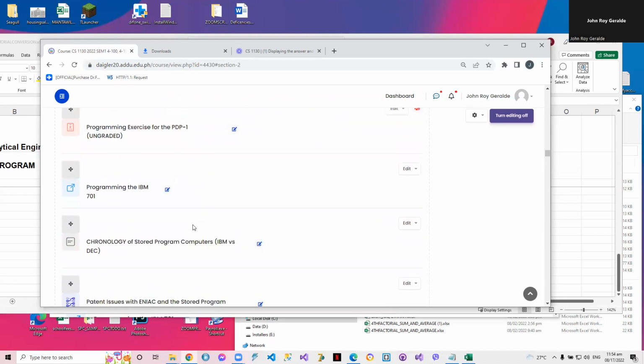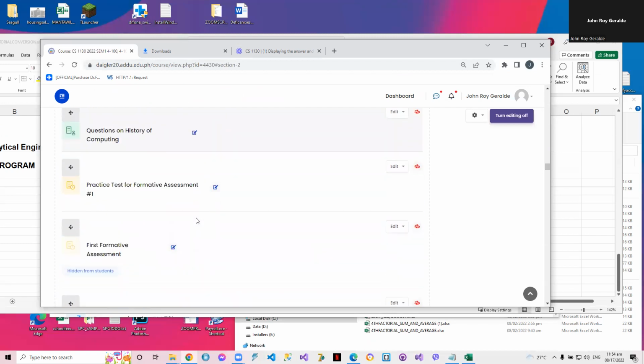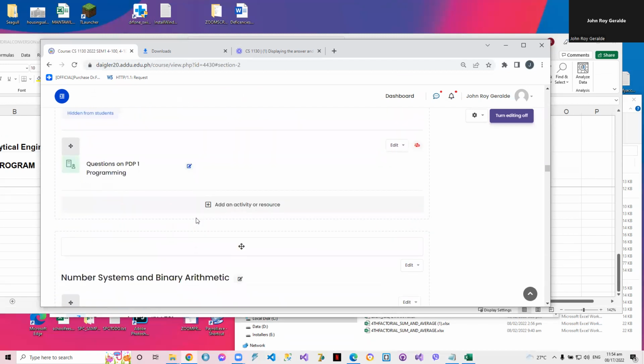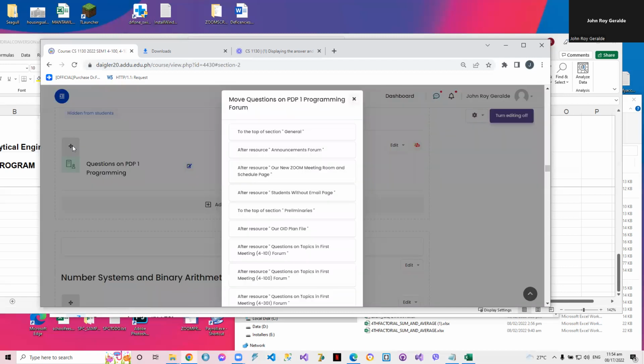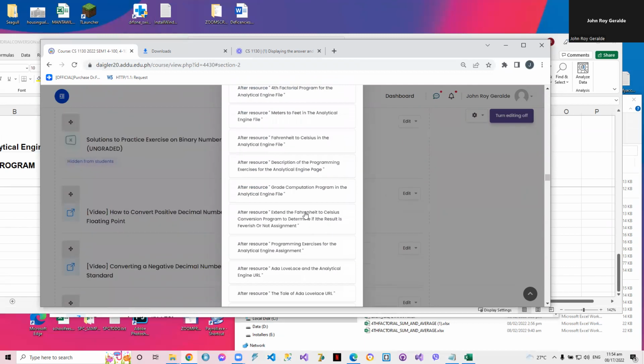I'm just going to transfer it to right after PDP-1.